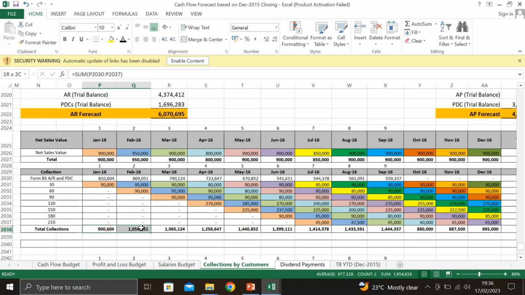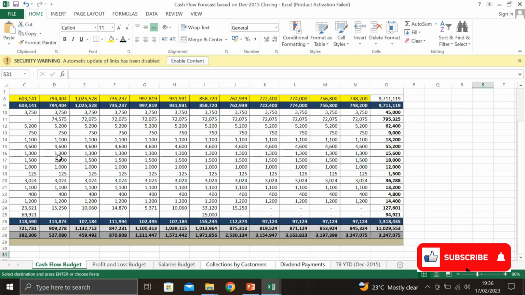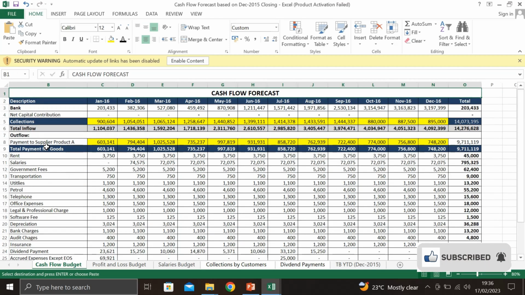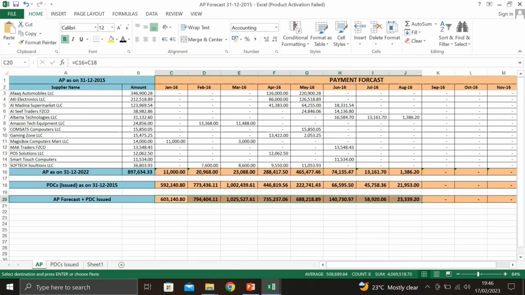You will copy this figure and take it to your cash flow budgeting file, and here make paste special values. So this is your AR forecast.